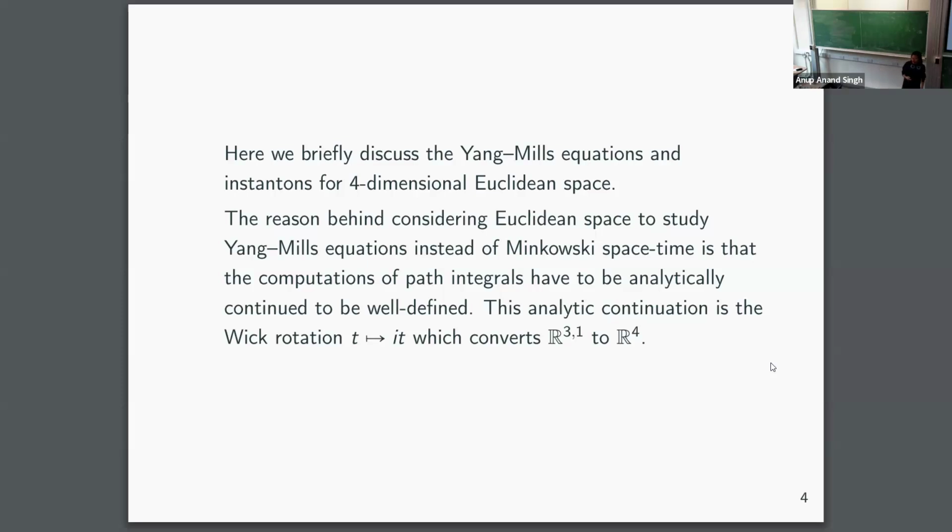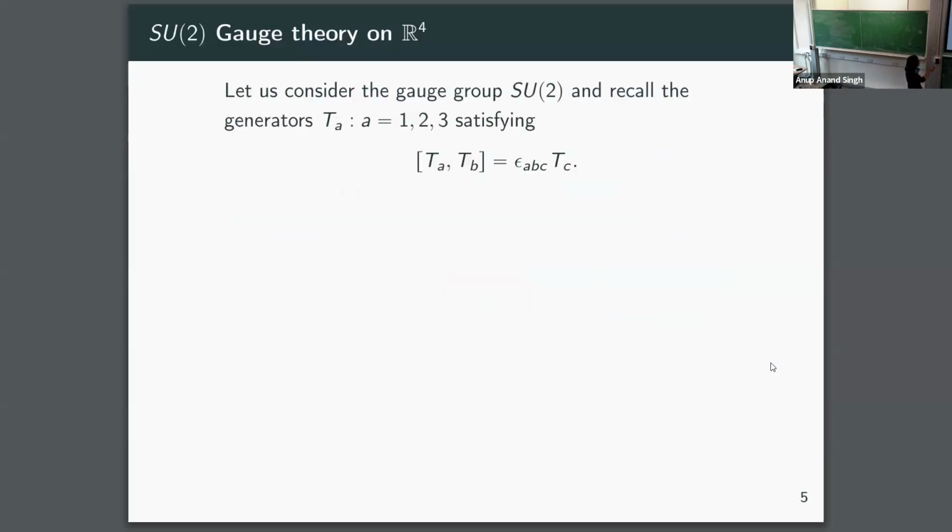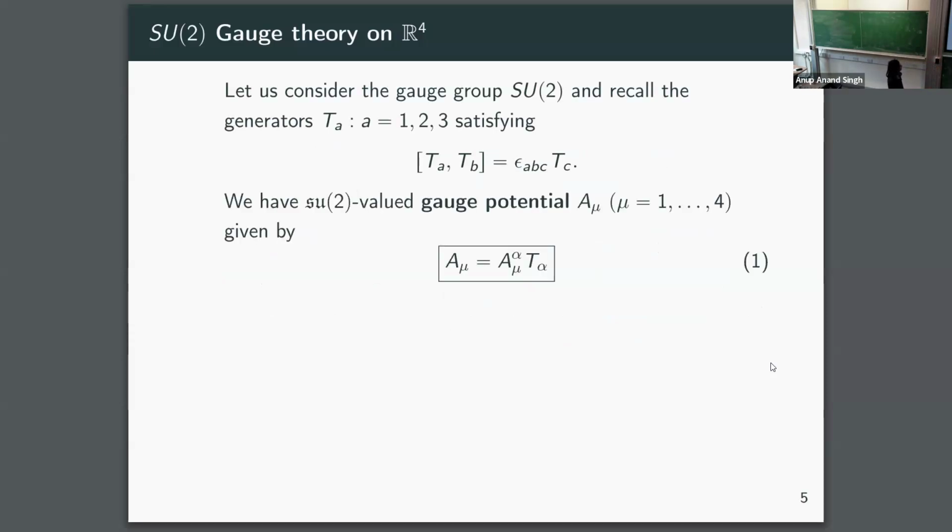Although it's very customary to study this physics in Minkowski setup, we need to study Yang-Mills in Euclidean framework. So let's review the gauge theory in dimension 4 on R^4. I'll start with the gauge group SU(2), and that's my generator, very well known.